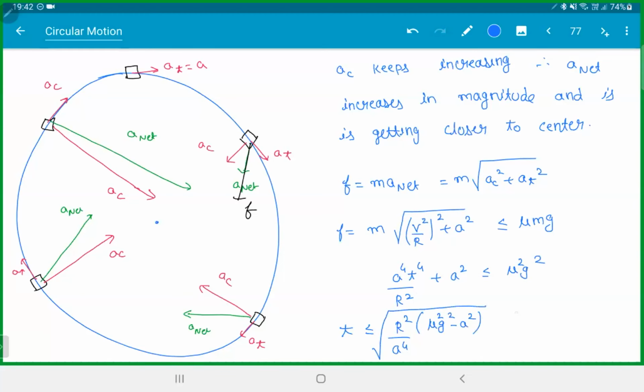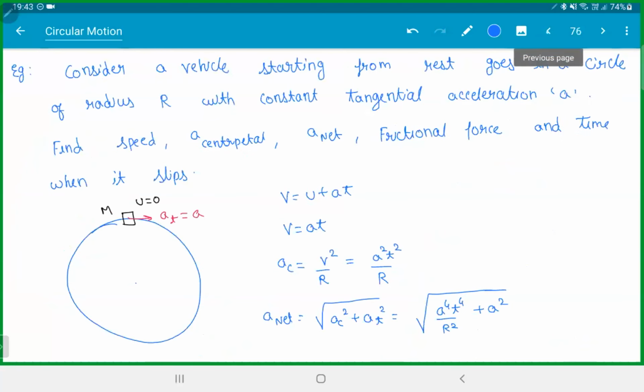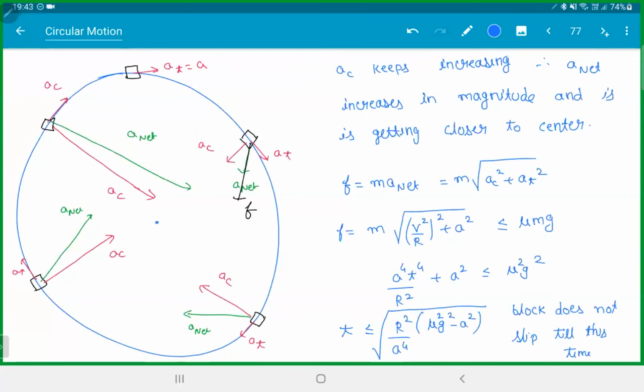After this time it's not. Check this out. There we got everything, right? We got friction, speed, centripetal, time, everything.